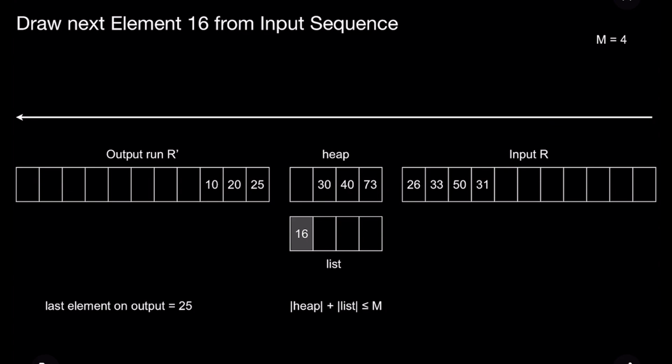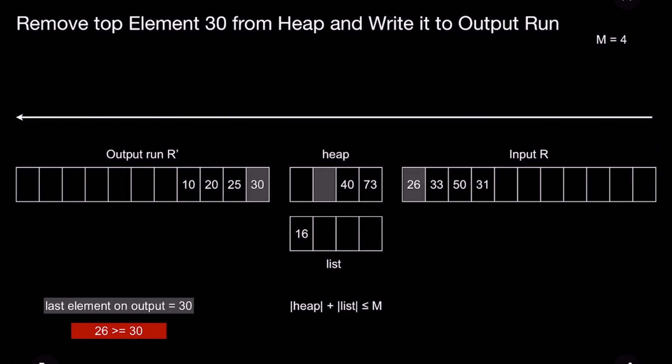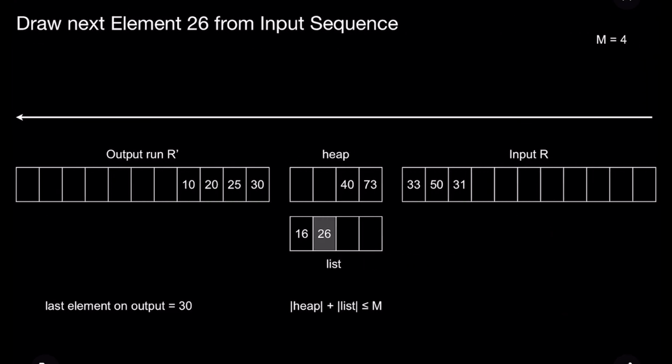Again, you remove the smallest element, 30. 30 goes here. Again you do the comparison. Oh, 30 is bigger than 26, so 26 will go to the list here. The heap size is decreased.